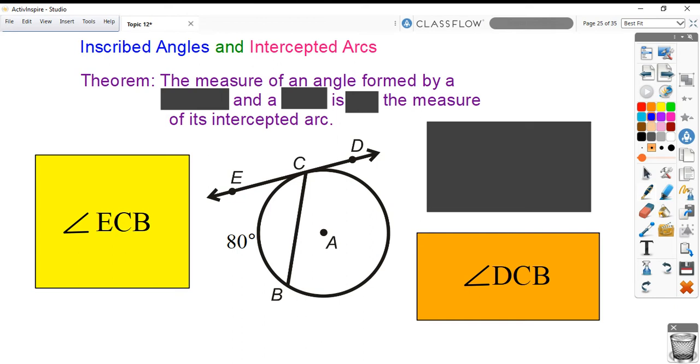Looking at a new theorem now, not just a corollary based on the old theorem, but you are going to see that this theorem is very similar to the last one. It says that the measure of an angle, this time an angle formed by a tangent and a chord, that's the first thing to fill in, is half the measure of the intercepted arc.